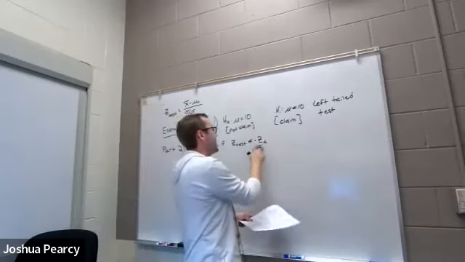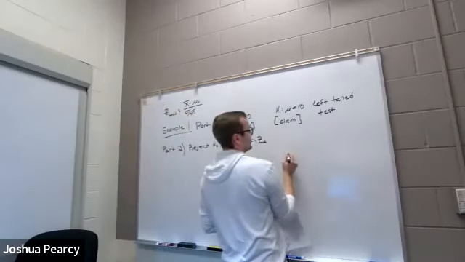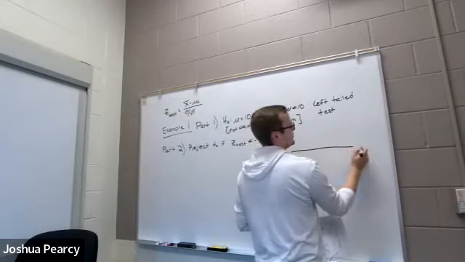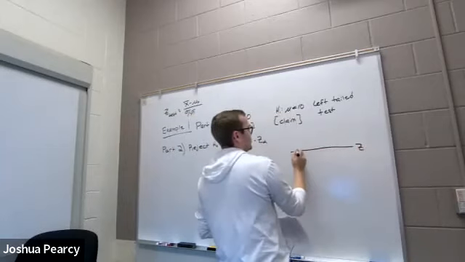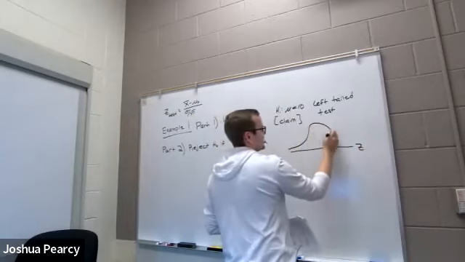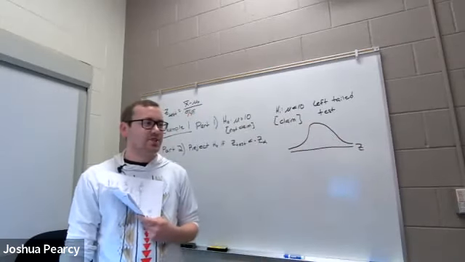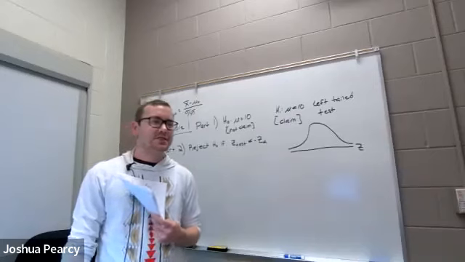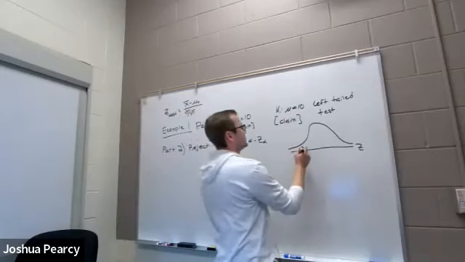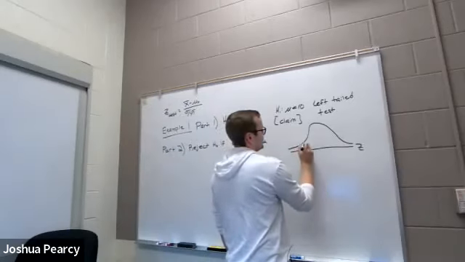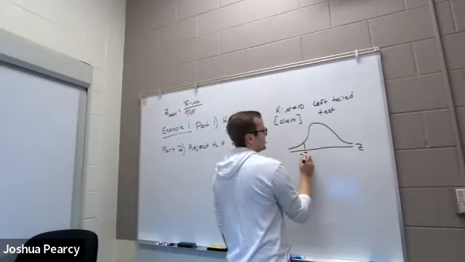And you want to find this. Just draw the distribution of the z-scores here. Since it's a left-tailed test, you're looking at the area to the left of some unknown z-score. So we're going to say it's right here. This will be negative z alpha.